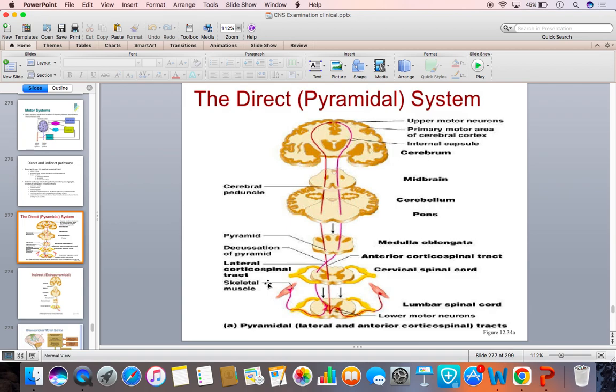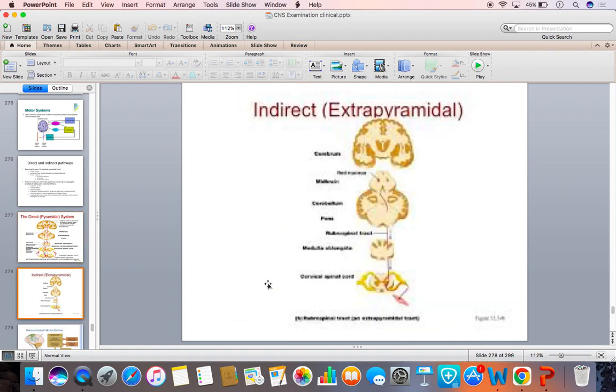What are the functions of these two? The lateral corticospinal tract maintains the paraxial muscles, that is, the muscles of the limbs, whereas the anterior corticospinal tract is responsible for maintaining balance, that is, axial muscles. Indirect is the extrapyramidal pathway.